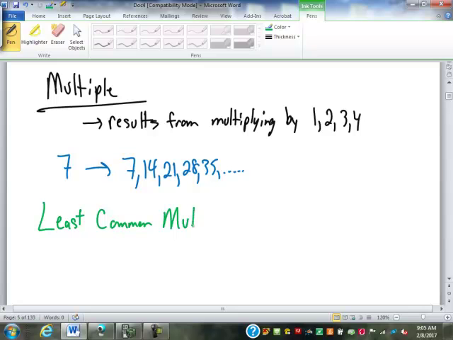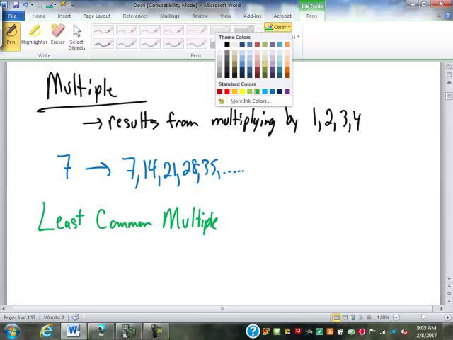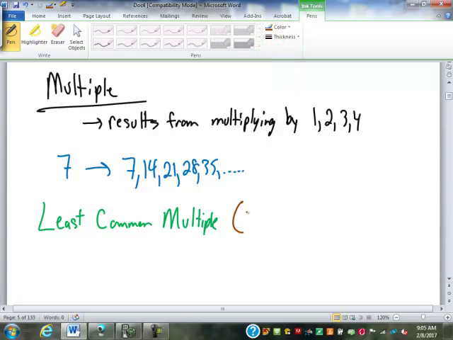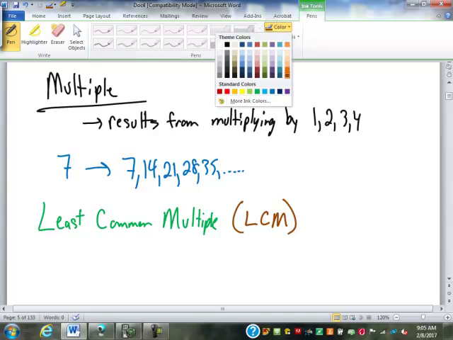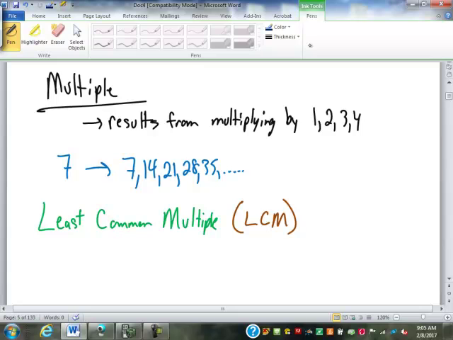Least common multiple between two numbers, otherwise known as the LCM. So we've got GCF, greatest common factor, and LCM, least common multiple, which is made up of all factors.